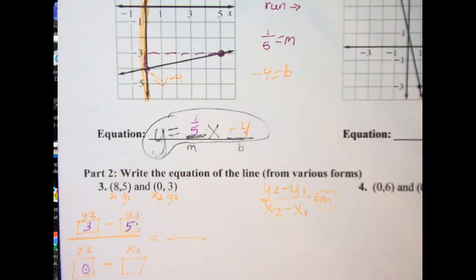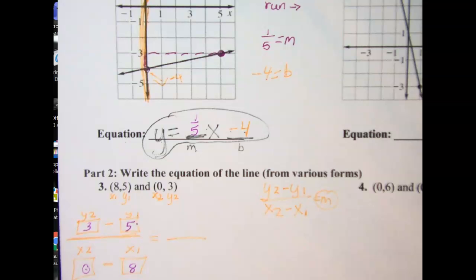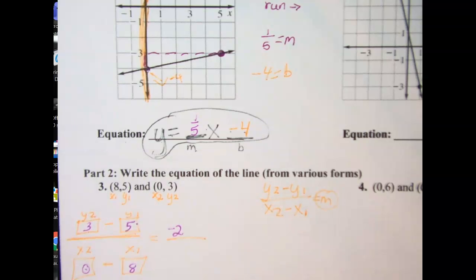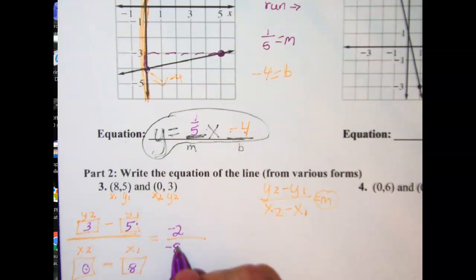So I pop it in there, and my x1, I look at it, that's why I labeled it, is my 8. So then I just use my calculator across the top and across the bottom, and then if I can simplify, I will. 3 minus 5. I just typed that in my calculator, and I got -2. The bottom, 0 minus 8 in my calculator says -8.